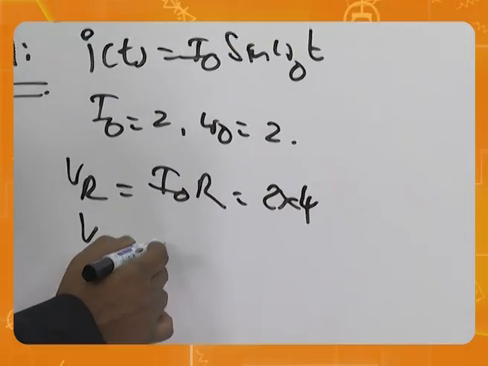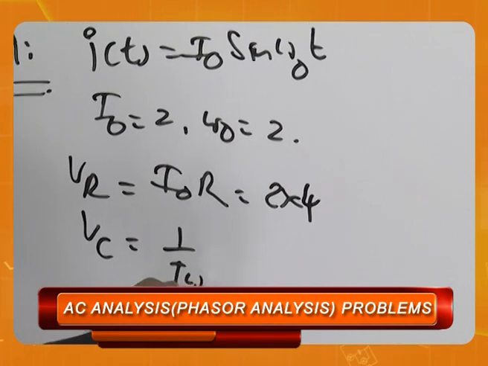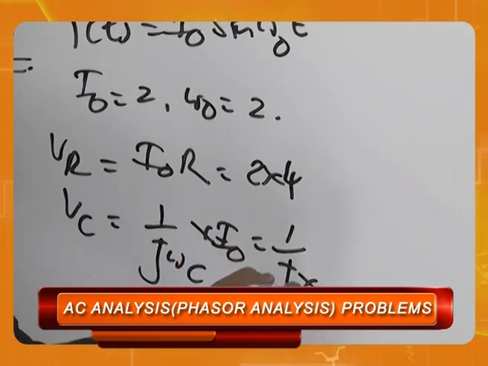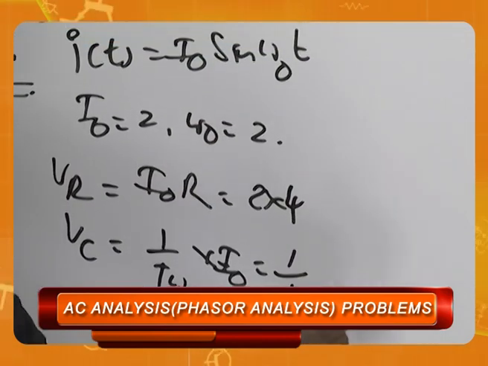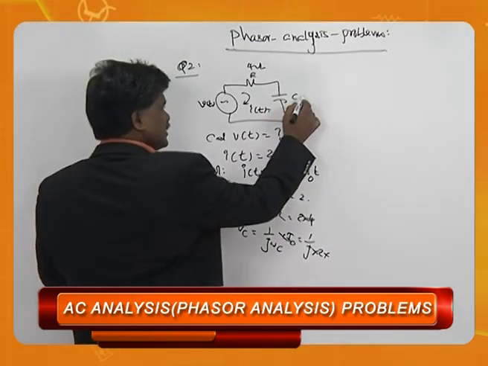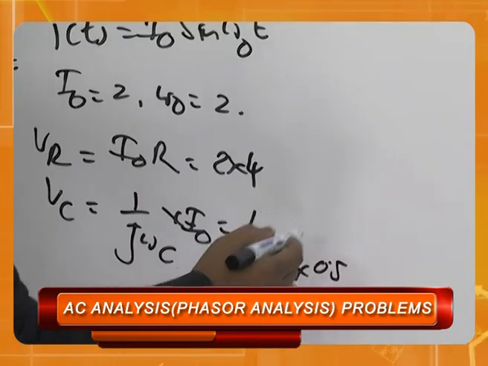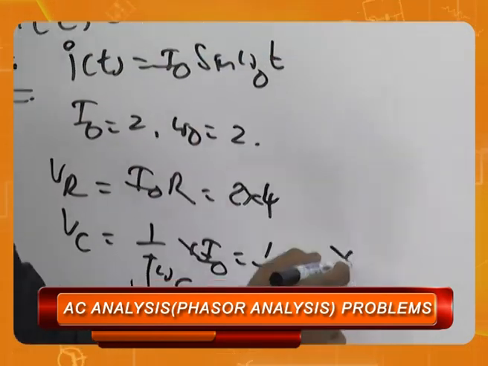Vc is equal to 1 by j omega C into I naught. 1 by j, frequency is 2. What is the capacitor? 0.5. Into what is the current? 2.